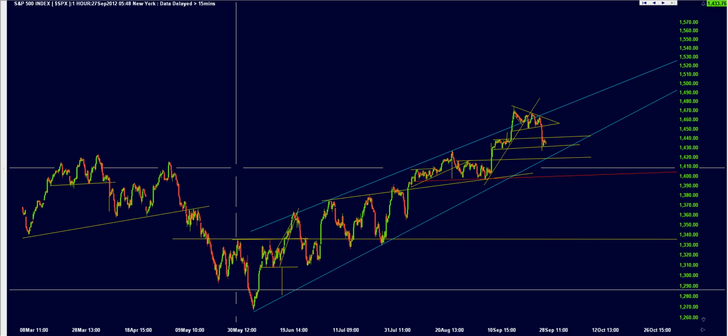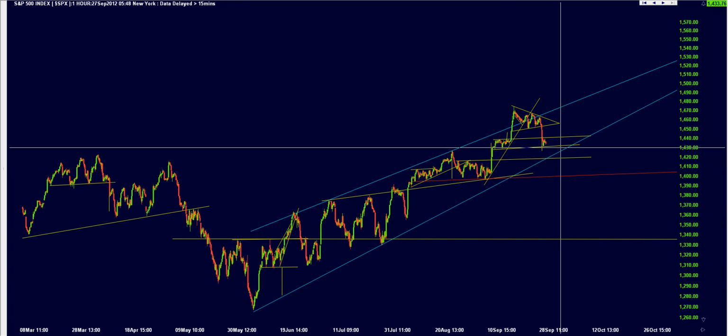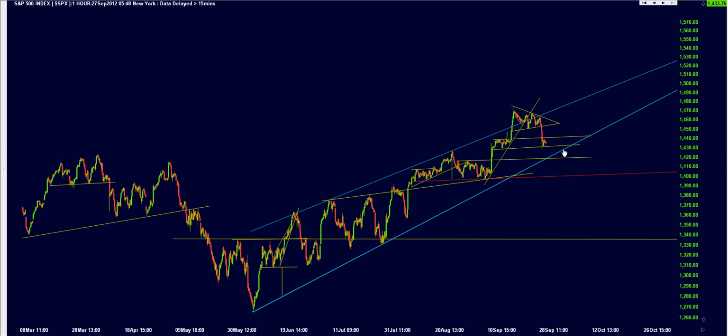Going back a few months, we can see that there is this large pattern, and if this lower boundary line breaks, well, we can expect then that this may put up a fight as support. But if this red line was to give way, well, I would say then we'd start heading down fairly strongly to the 1330s. So just keep that on your radar.